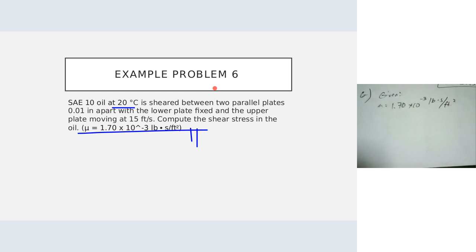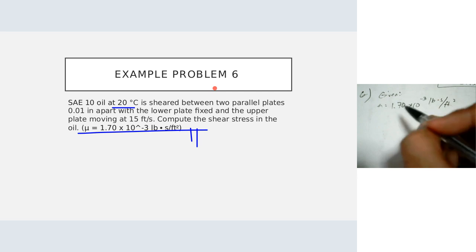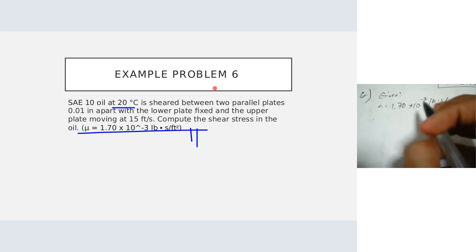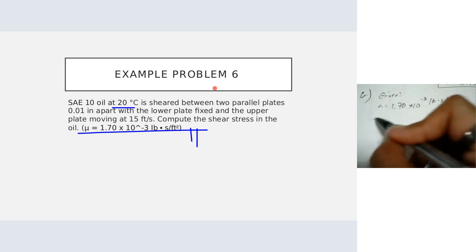Now, maganda in this kind of questions, na walang figure, i-drawing muna natin yung figure, para mas ma-imagine natin. Mas madali nating malaman yung sagot. So, sabi, the oil is sheared between two parallel plates.